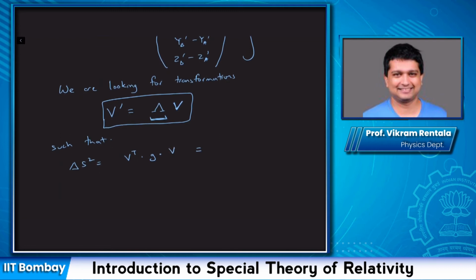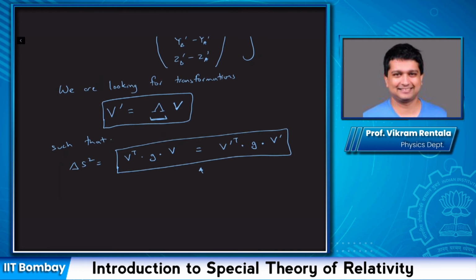That is, this quantity should be the same as V prime transpose dot G dot V prime. Okay, so we're not just looking for any linear transformations, we're looking for linear transformations that satisfy this criteria.